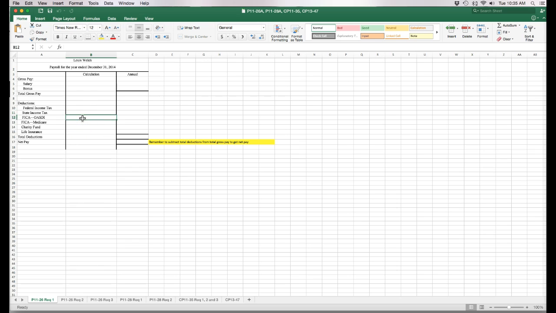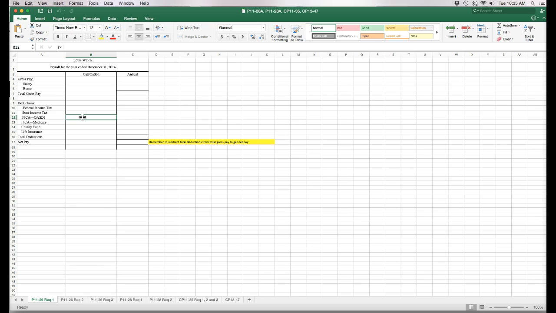With FICA, it's split into two categories: FICA OASDI and FICA Medicare. And you want to use the same rates that are given in the textbook. What they give you in the textbook is that for FICA, OASDI is 4.2%.